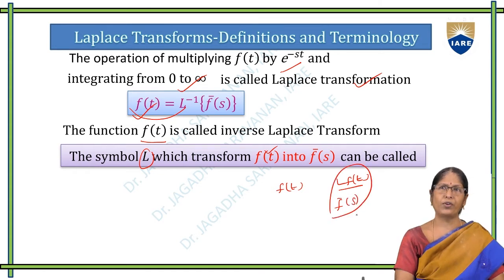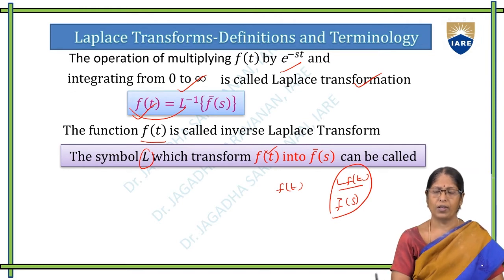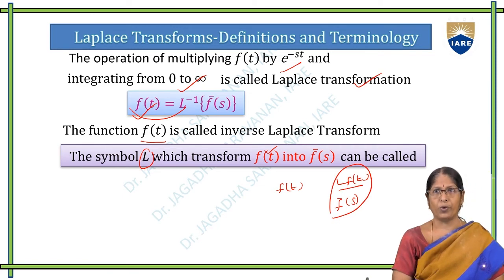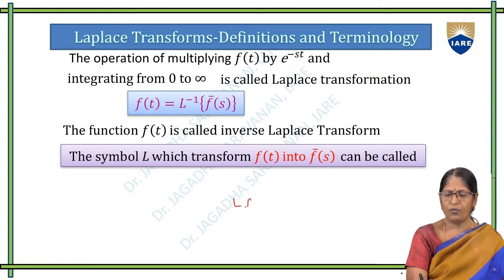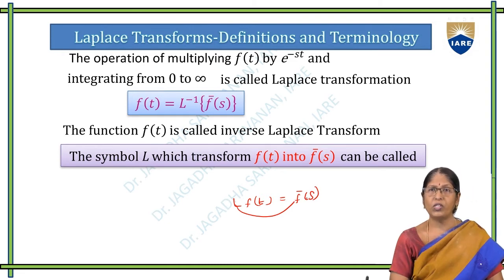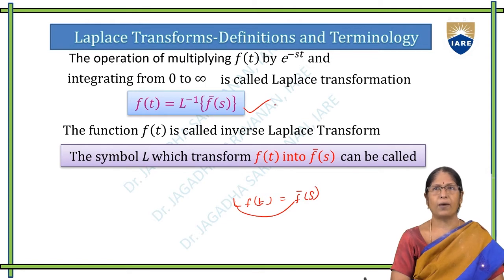This is the notation given in many of the textbooks. This L denotes the Laplace operator. So L of f of t is equal to f bar of s. This L we brought here, from which we obtained the inverse Laplace transform.